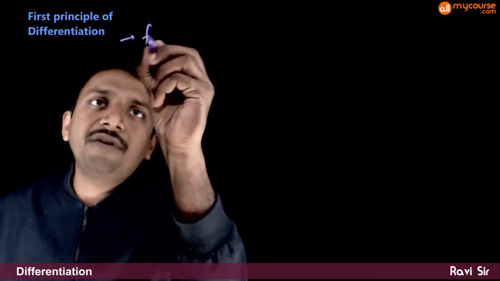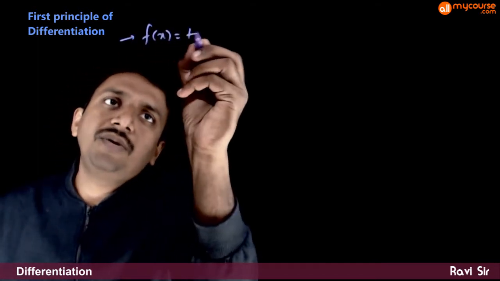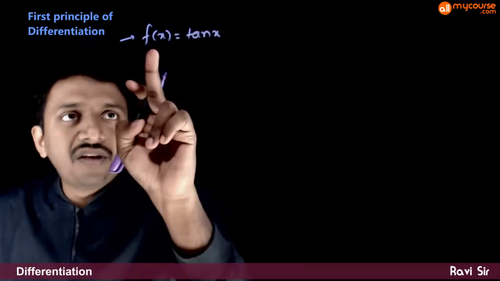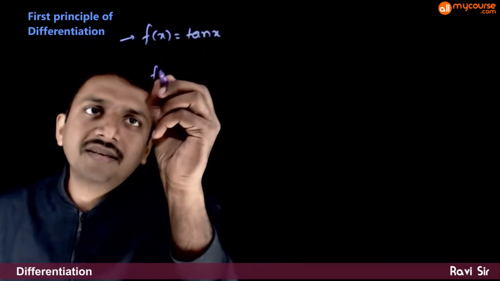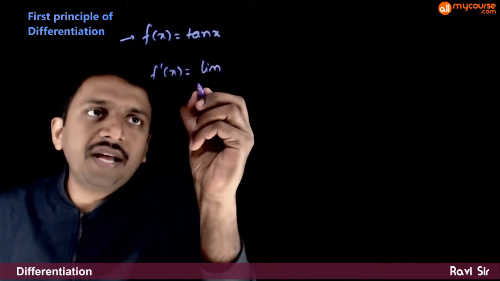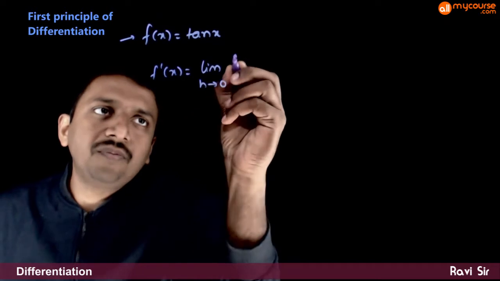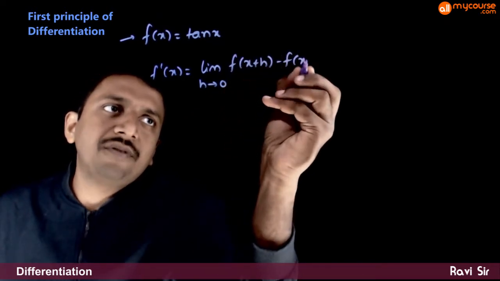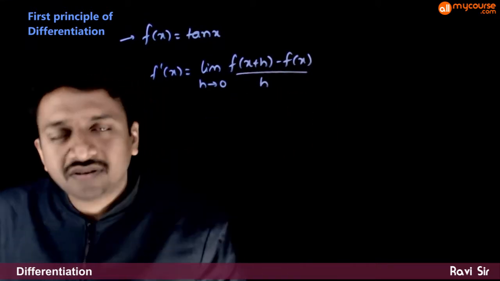Next, let us try to differentiate f of x equal to tan x using first principles. If f of x is equal to tan x, f dash of x is equal to limit h tends to 0 of f of x plus h minus f of x, by h.